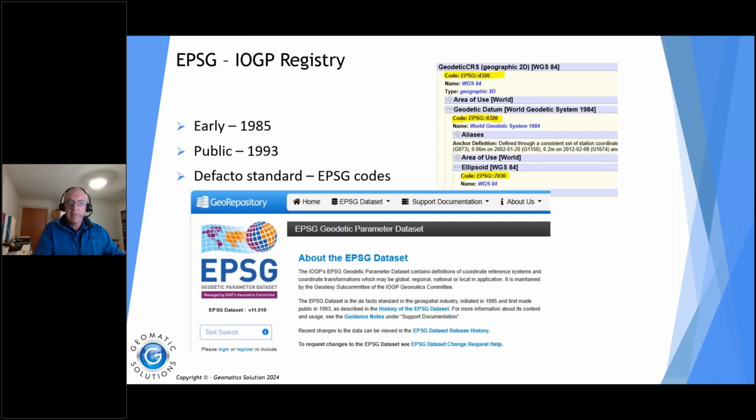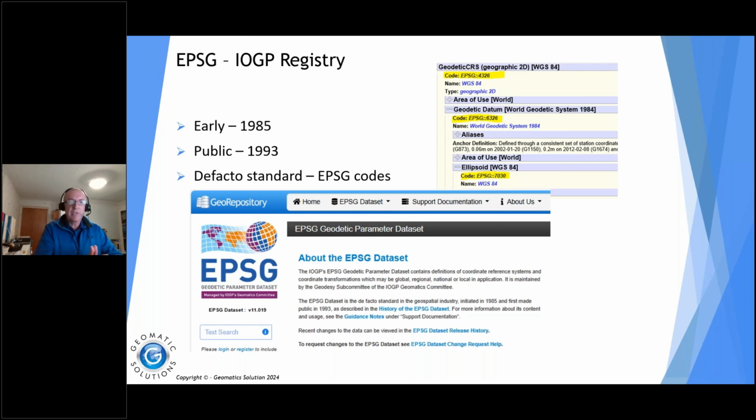Some of you will have seen this registry, others will probably not know what it is, but the EPSG registry was created in 1985, and it's called the EPSG registry because it was a collection of companies in Europe that set this up.